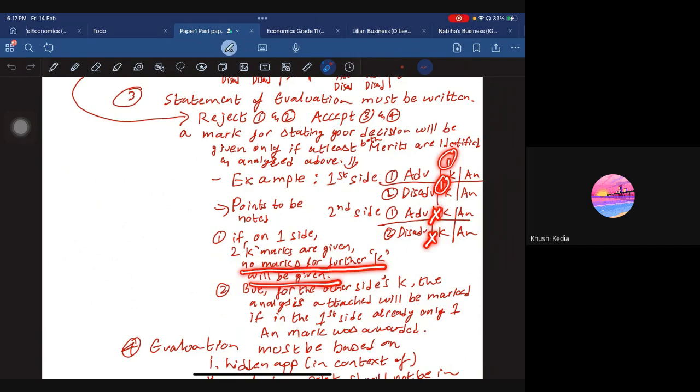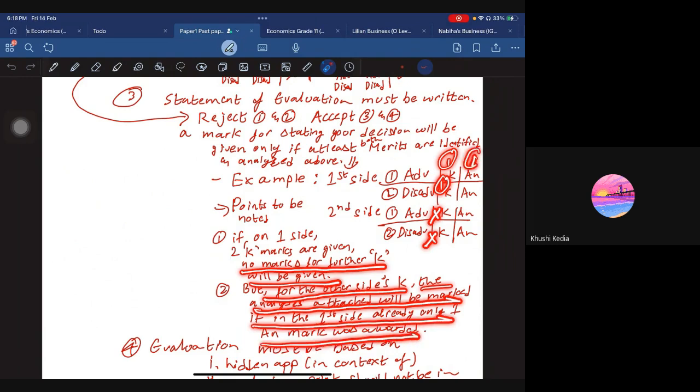But for the other side's knowledge, the analysis attached will be marked if on the first side only one analysis mark was awarded. Let's suppose an analysis mark was awarded here and not given here. So now he can use this or this to give another mark, even though he is not considering the knowledge.